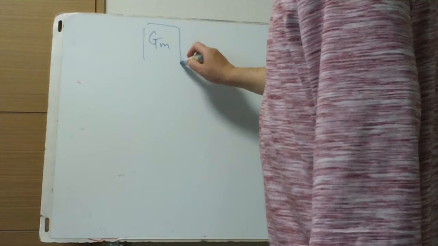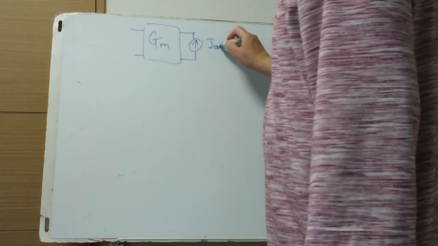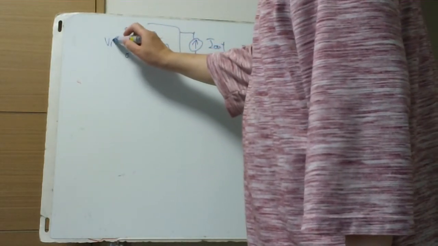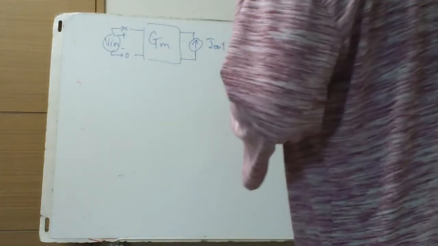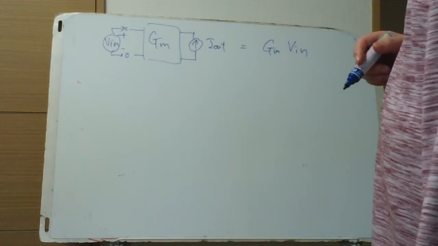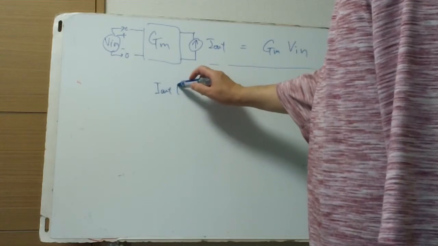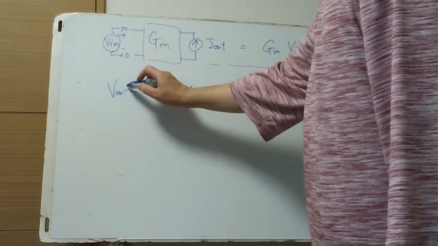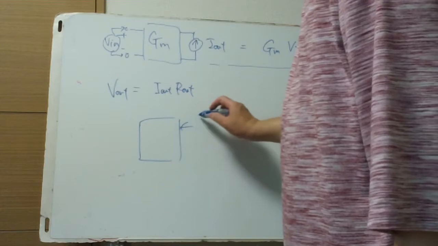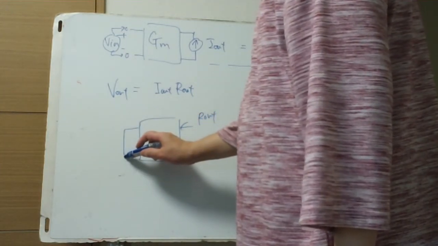Transconductance of the system Gm, giving output current Iout equals Gm Vin. And Iout flows into Rout, which is the resistance looking into the output when the input is shorted to the ground.